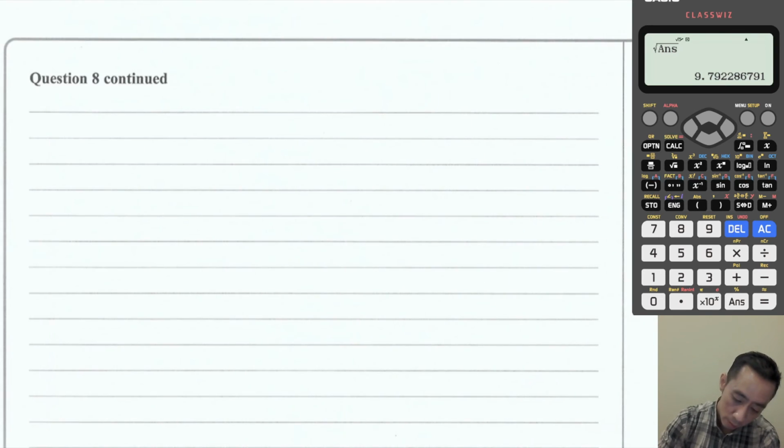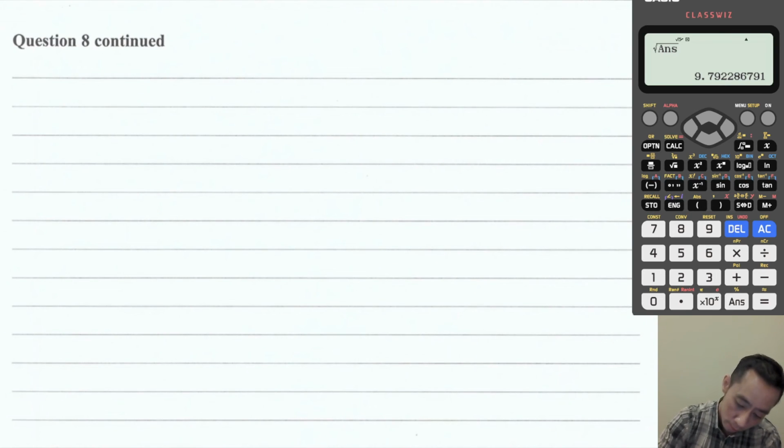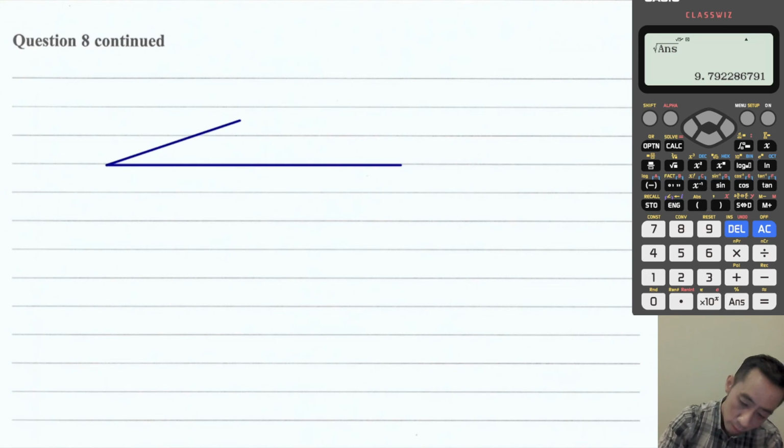So maybe I just redraw the diagram a little bit. So here I have this. The particle is here, and the speed is 5 ms^-1, and this is alpha.